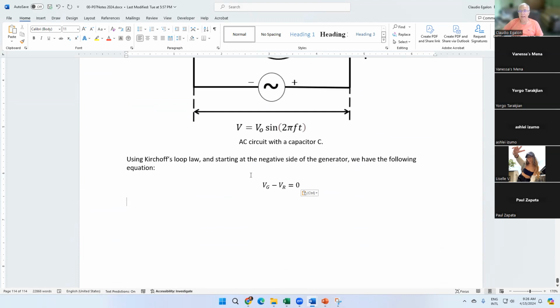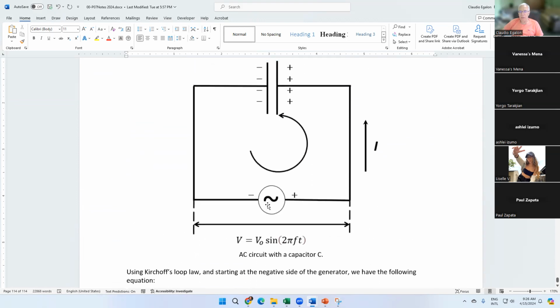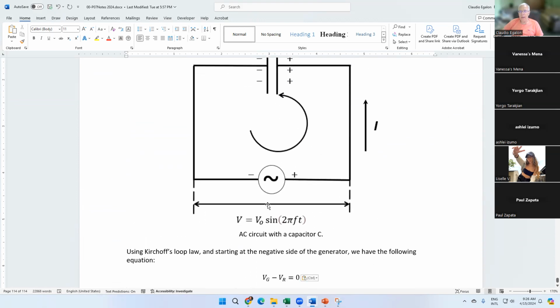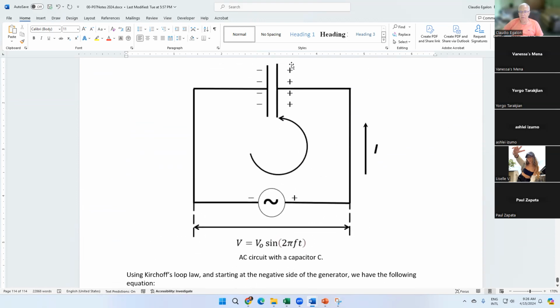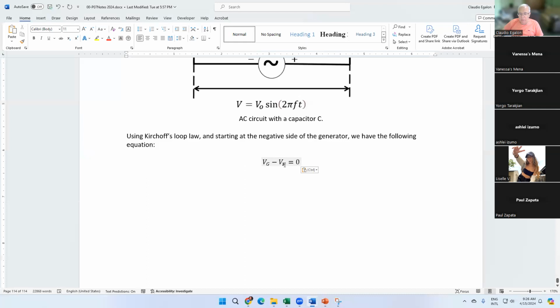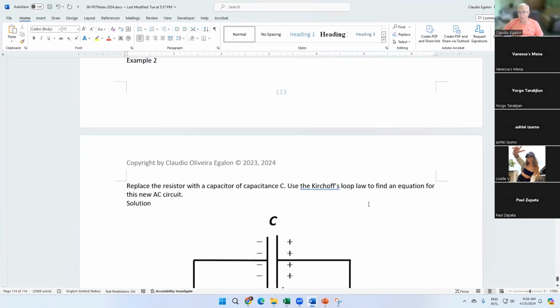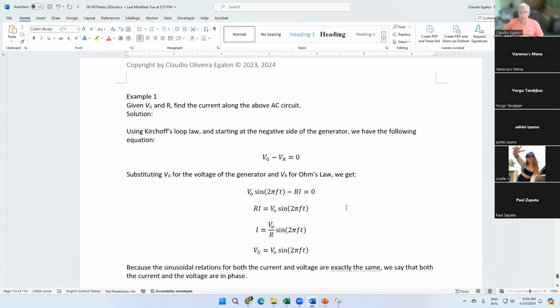Instead of the negative side of the generator, we have the following equation: V sub G. The plate of the capacitor is positive, and when we cross the capacitor, we get a lower electric potential. So consequently, we must have a negative V sub C, just like before for the resistor.